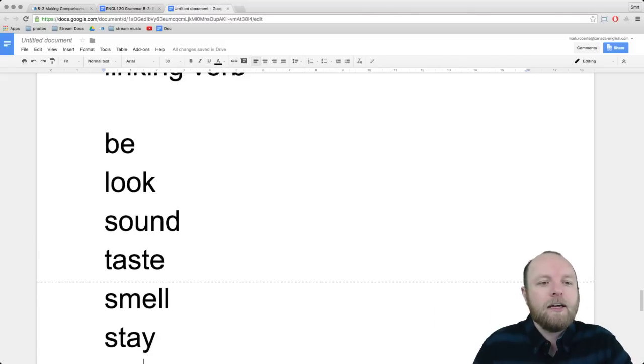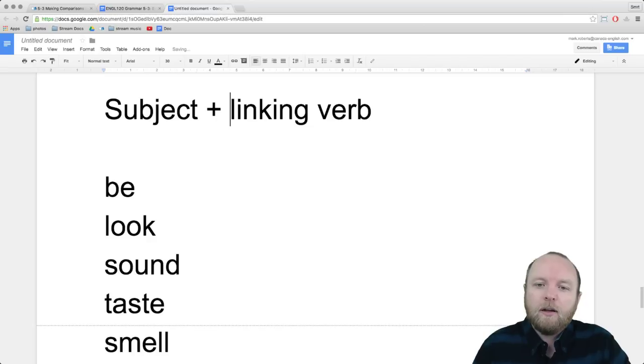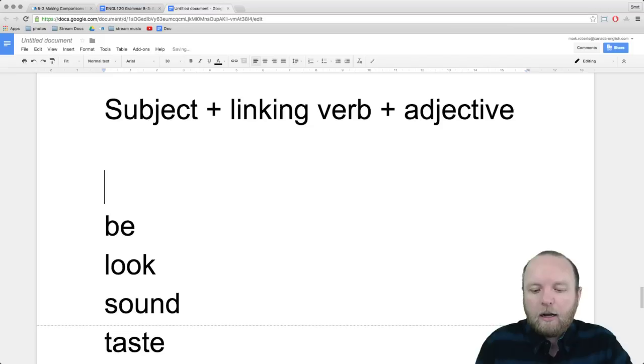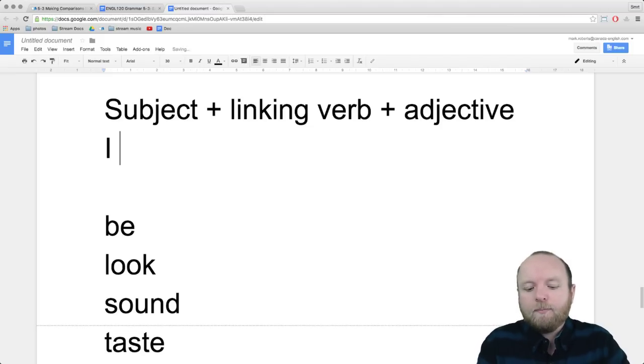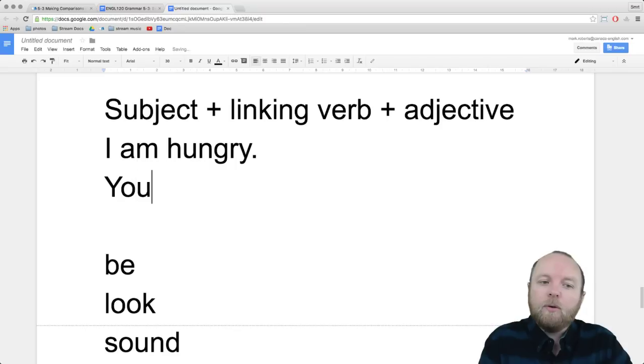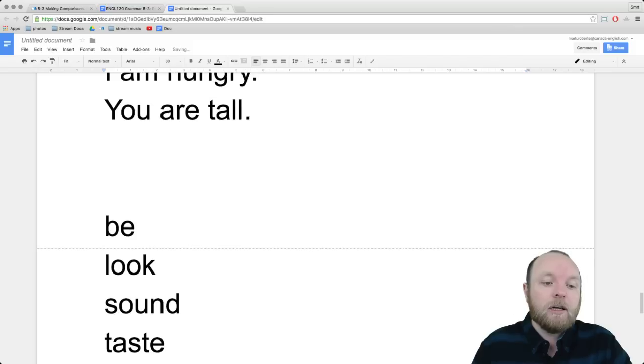We use a linking verb to connect the subject with an adjective. So the most popular linking verb, Gerald, is be. For example, I, linking verb am, and adjective hungry. Or you, linking verb are, tall. Now other ones, look, right?